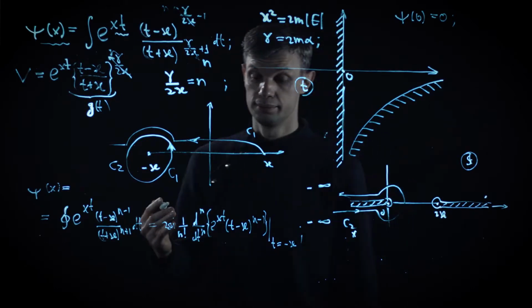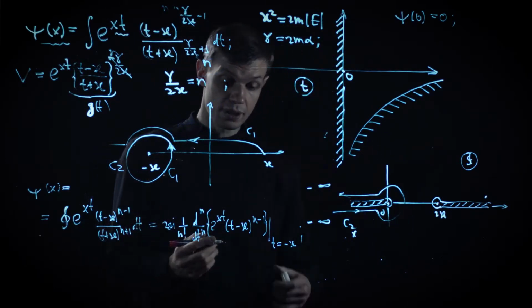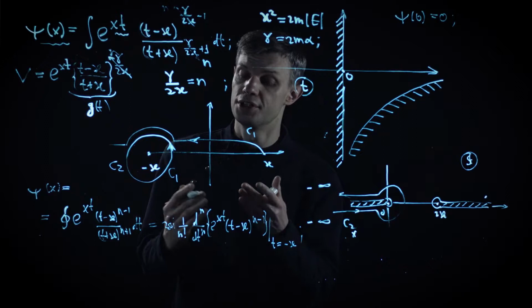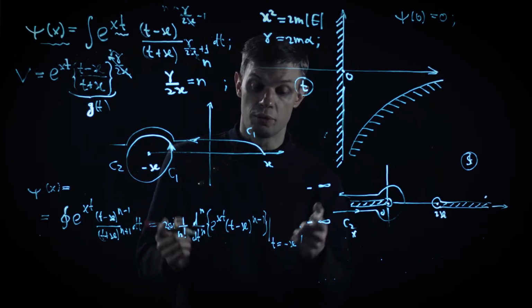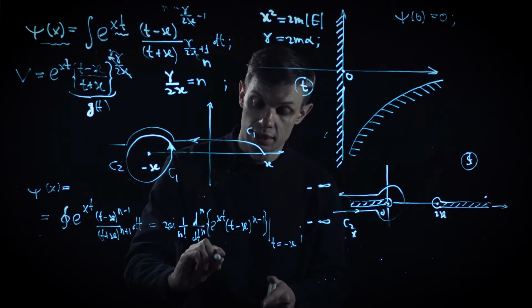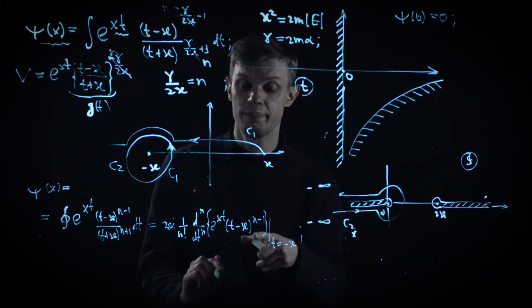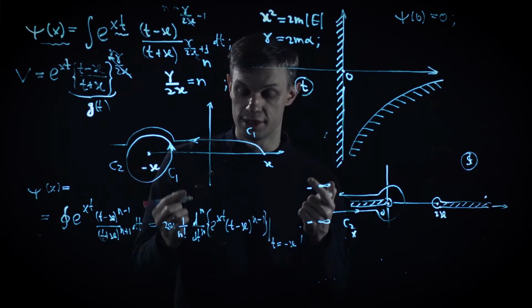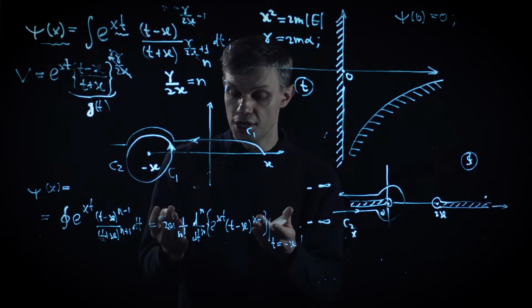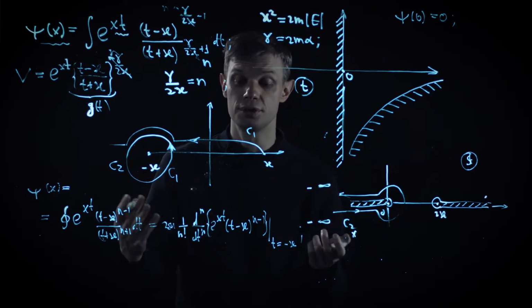Right. So when we perform this differentiation n times, we'll have to plug in t equals minus kappa into all our constituent functions. So naturally, after the differentiating, the exponent will simply turn into an exponent.